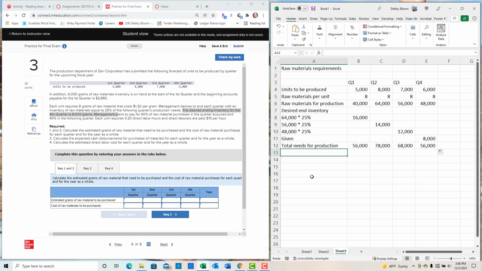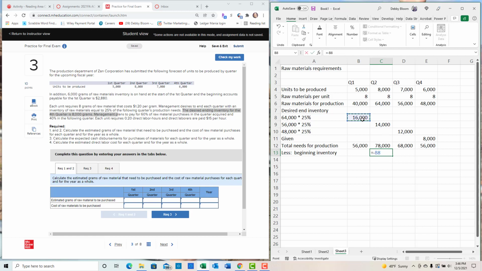Now, from the total needs for production, I subtract the beginning inventory. I did this in the 2 previous videos. I'm not going to bring the arrows down again, but remember the ending inventory for quarter 1 is going to be the beginning inventory for quarter 2.